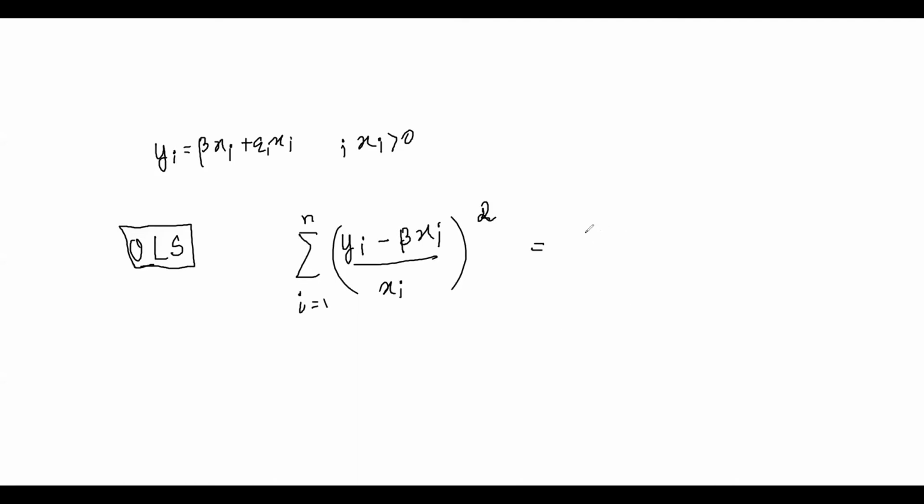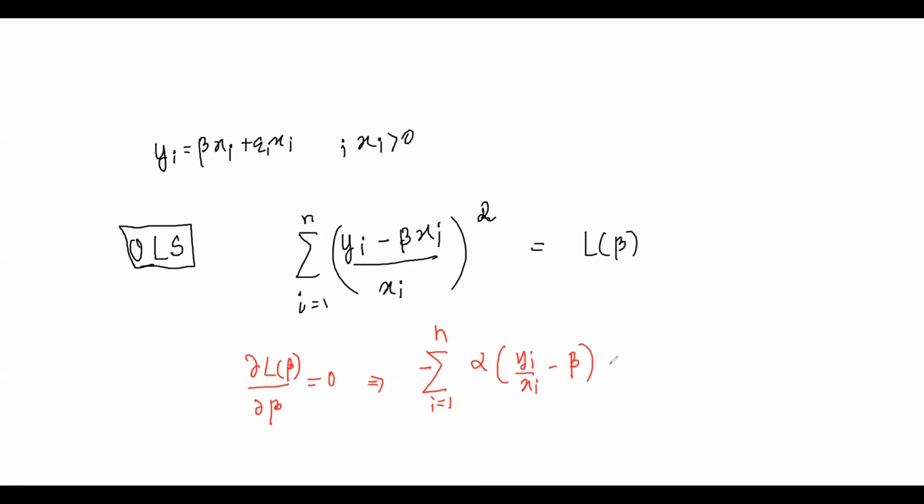If you differentiate L of beta with respect to beta and set it to 0, you get the sum over i from 1 to n of twice (yi by xi minus beta) equal to 0.